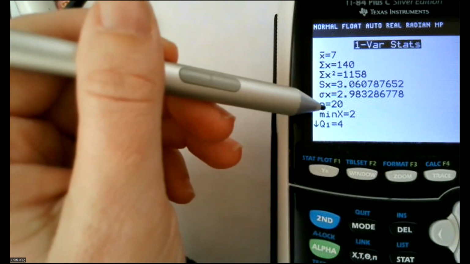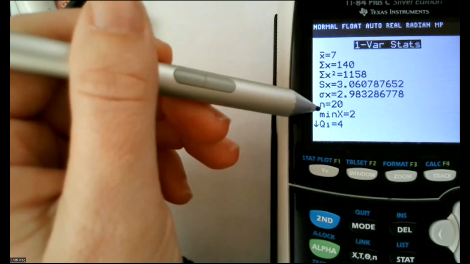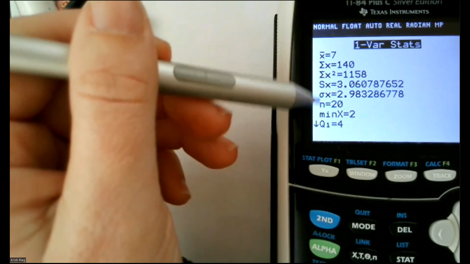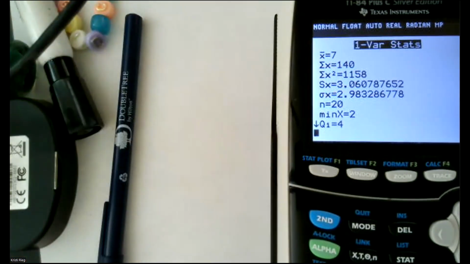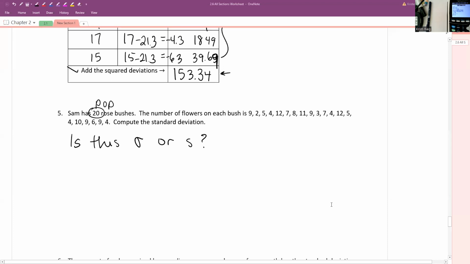So you can double check the n after you type it in if you don't want to count them out. And then once you do that, now that we know that's population, we are going to choose sigma for our answer. So for this problem, it's going to be this answer, since n equals 20 and 20 is the population, then that's why we're choosing the Greek letter sigma.